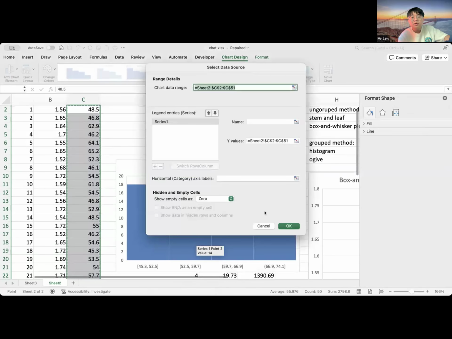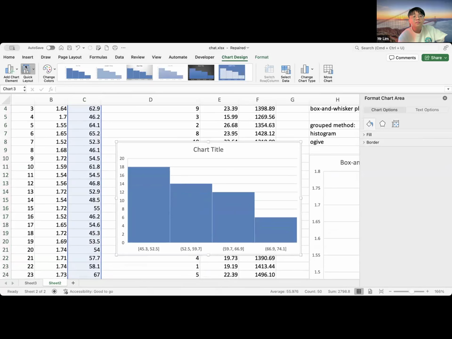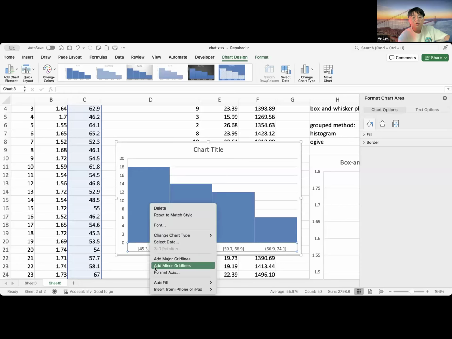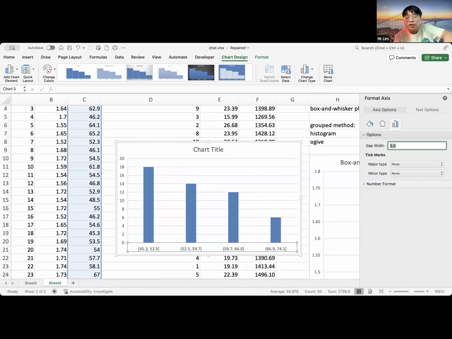Select data? No. Add chart element? No. Maybe we can have an option. Bin width. Is it this one? Let's say I make it 3.